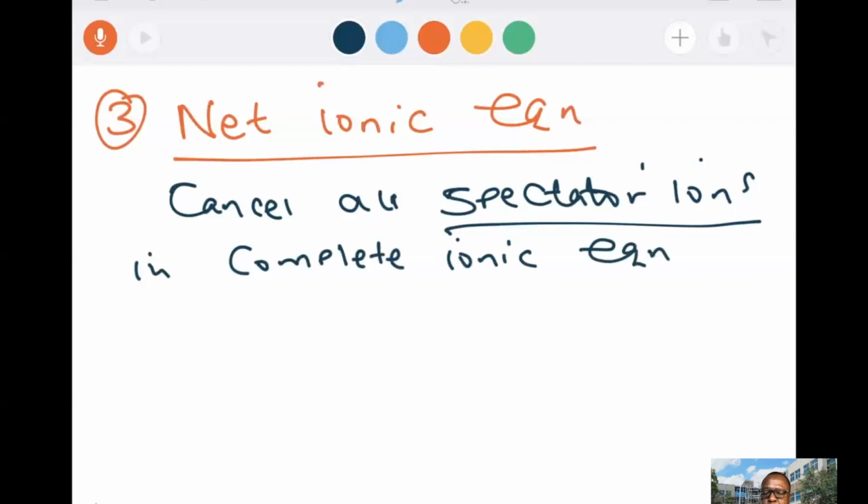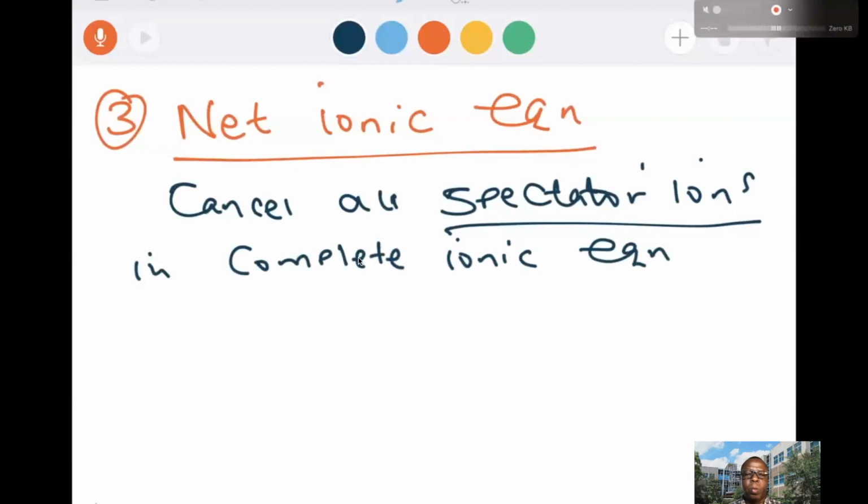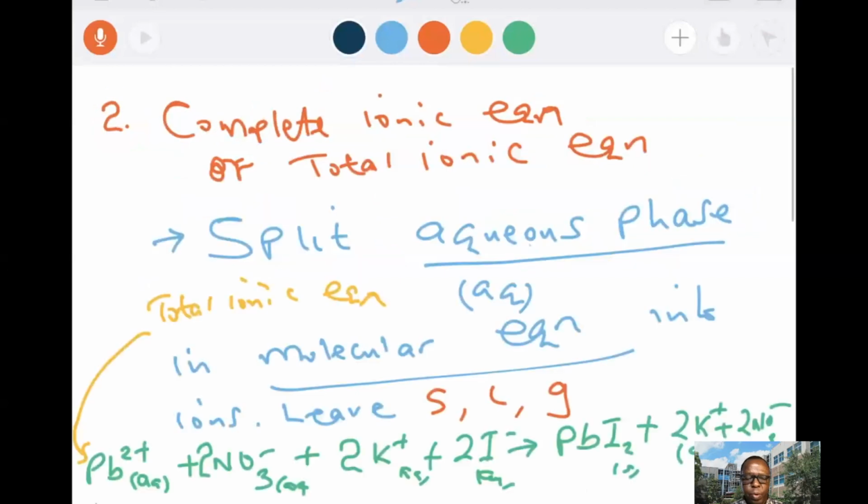Let me just explain what spectator ions are. Spectator ions are ions which look the same on either side of the reaction arrow. In other words, if you look at lead here, it's not the same as what we have on the product side. It's in solid form there, and aqueous here. If I look at the nitrate, this nitrate looks exactly the same as the nitrate on this side. We call this a spectator ion. Spectator ion, all right?